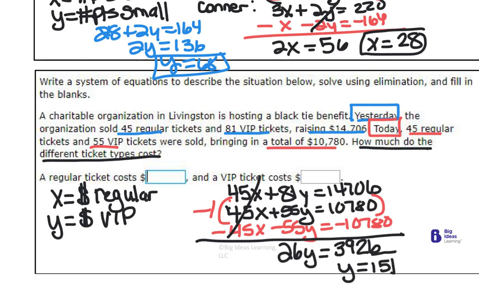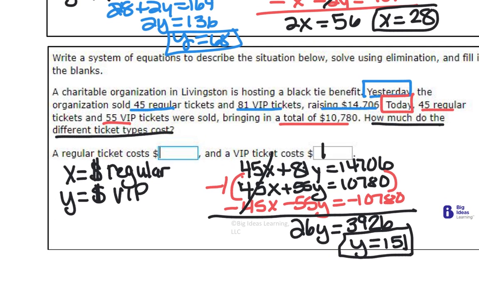All right, so we found out that the VIP tickets are $151. Wow. $151. We're going to plug that in. So 45x plus 81 times 151. We're substituting for y.